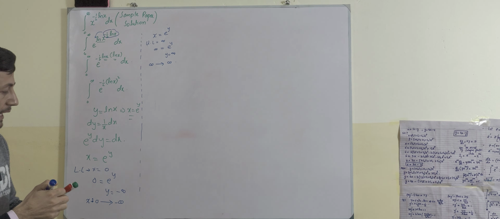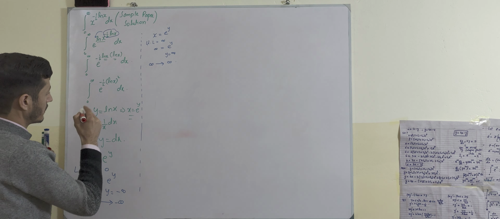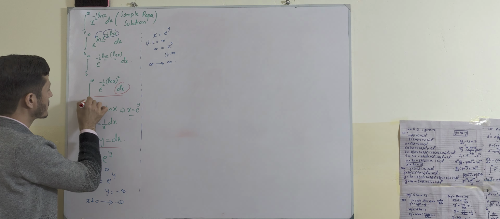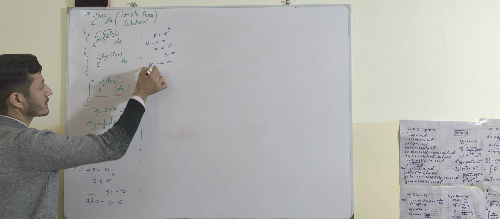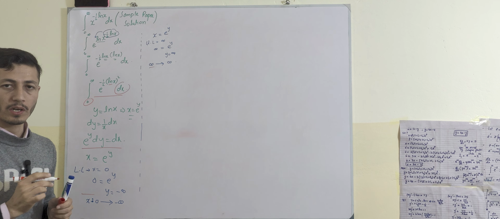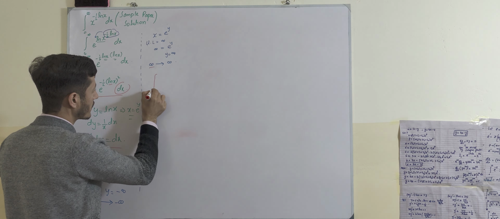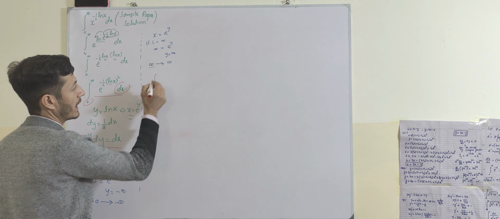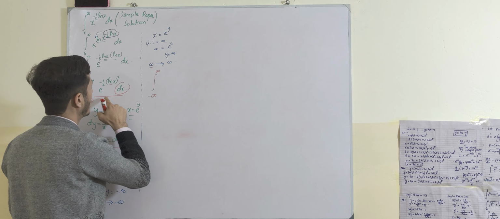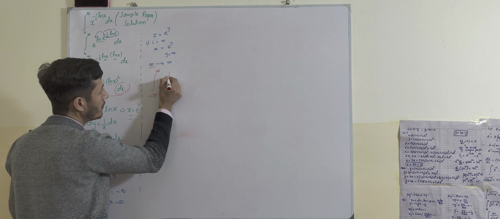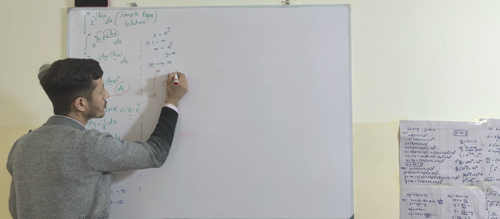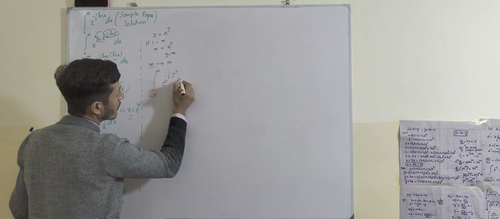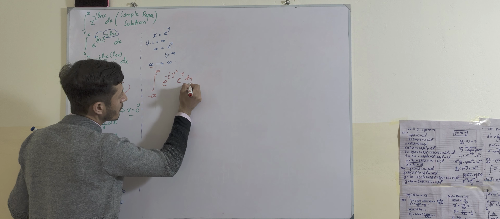Okay, now I can replace the del x with this, and the limits with these, and y is equal to the natural log of x. So it looks like the lower limit is now minus infinity, not 0, and the upper limit is infinity, e power minus 1 by 2 y square, and del x is equal to e power y del y.